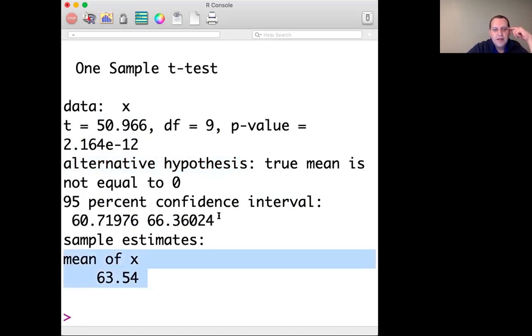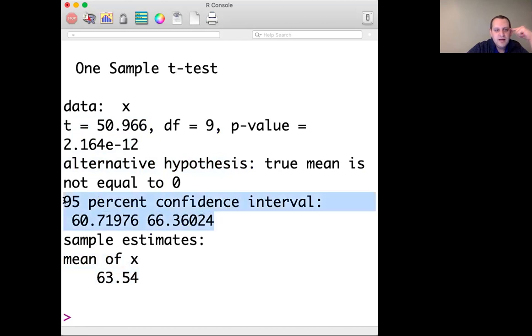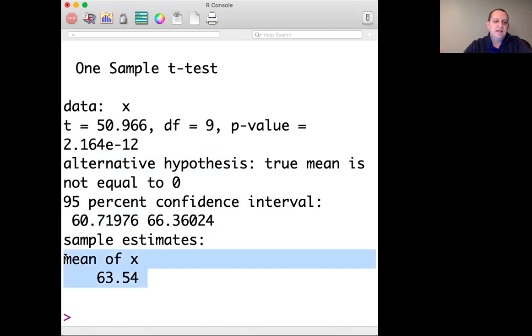This also gives us the mean. The mean and the actual confidence interval are usually the two more useful things. The confidence interval is going to be the mean plus or minus whatever the error is.